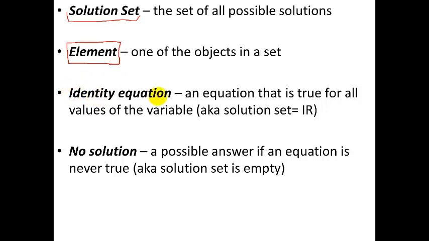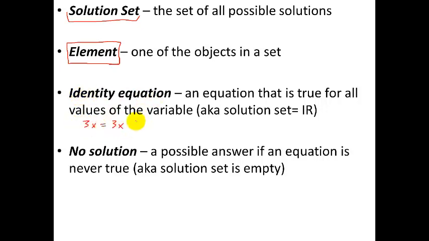An identity equation. This is an equation that's true for all values of the variable. So we had just said that an equation typically is only true for a certain value of x, namely the solution. But sometimes you have an equation that's always true. For example, 3x equals 3x. It doesn't matter what value of x I pick, this equation is always true.